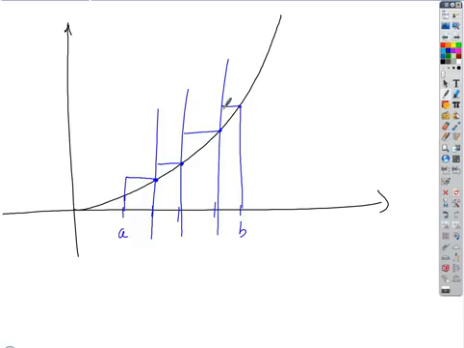Let's say this function is y equals f of x, and I know what the function is. Let's just say it happens to be x squared. That's fine, right? So if it's x squared, then whatever that x value is, which I can know, all I've got to do is evaluate the function at that value, and it gives me the height.